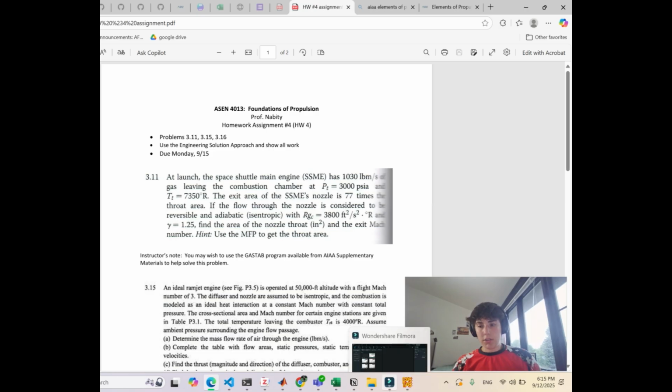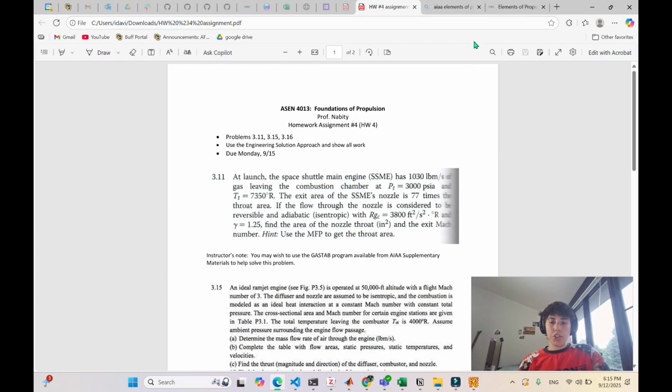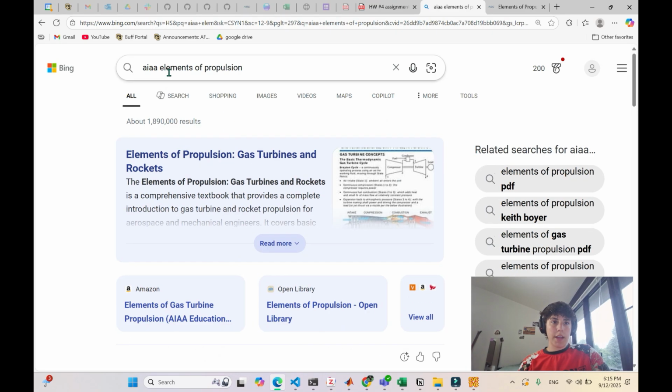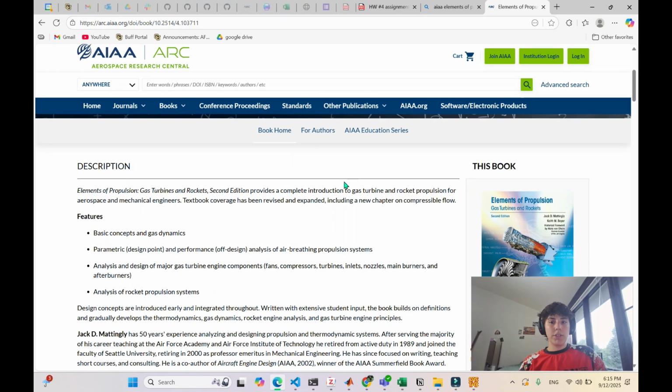So let me uninstall GasTab really quickly, and then we can reinstall it together. Okay, so in order to install GasTab, you need to search up AIAA, Elements of Propulsion, the beginning of our textbook name, and then go to Elements of Propulsion in AIAA. Scroll down just a little bit.